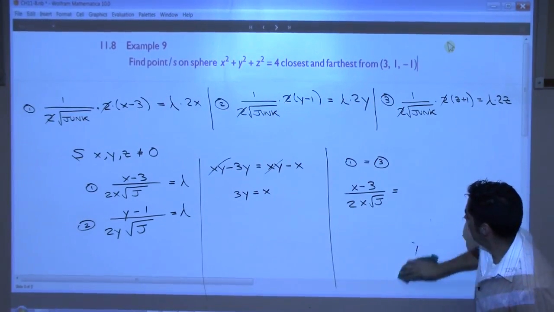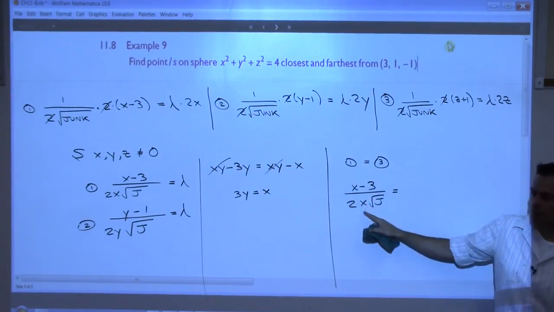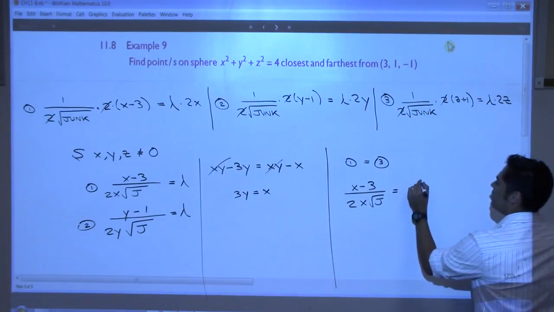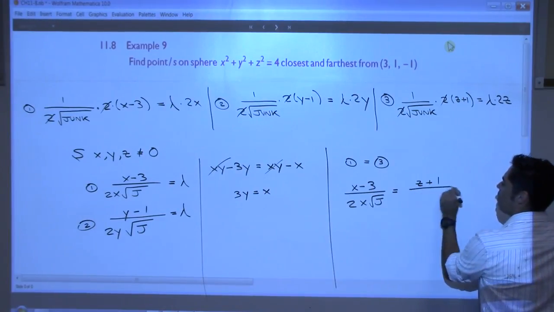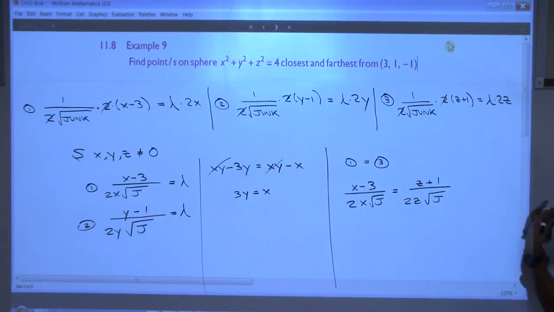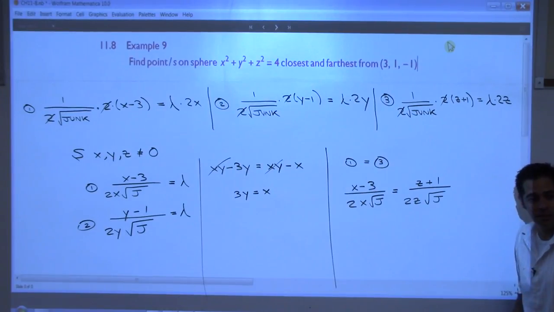Let's see. That's equation 1, right? That's this. Now, the third one I erased. But it was z plus 1 over 2z root junk, wasn't it? Do the exact same thing we just did. Multiply both sides by root junk, multiply both sides by 2, multiply both sides by x, multiply both sides by z.